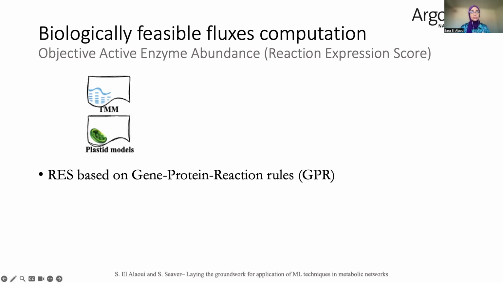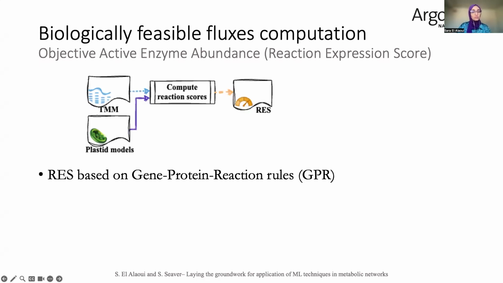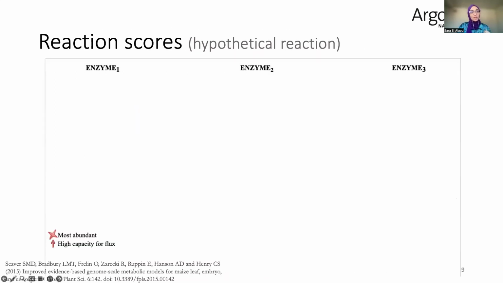That's how much a reaction can be active, or we also call it the active enzyme abundance, because the abundance of active enzymes is what tells us how much of the catalysis of the reaction will happen in the simulation. So we take TMM data, the plastidial model, and we compute reaction expression scores as follows.